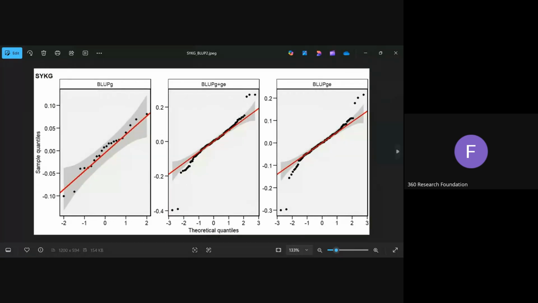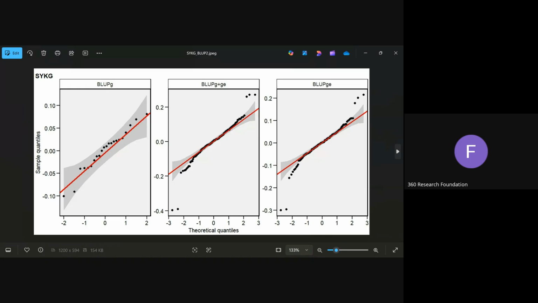So this is the next graph. Blobs for genotype, blobs for genotype plus G into E, and the third one is blobs for G into E. Now, can anyone tell what is the distribution of genotypes in all the three graphs?